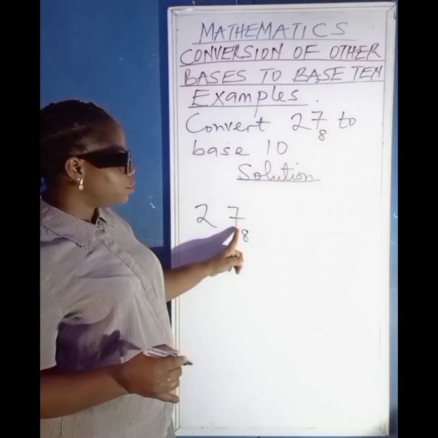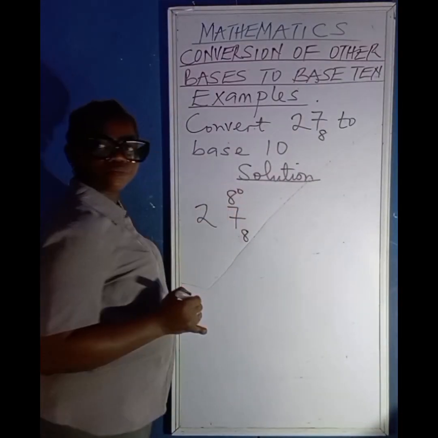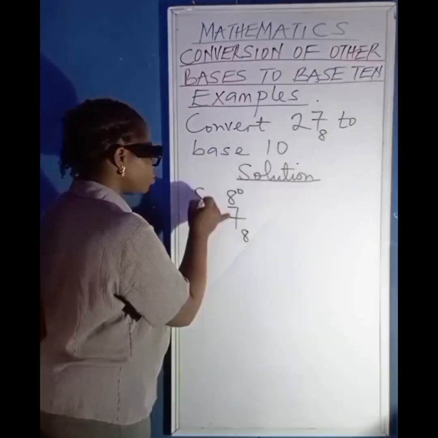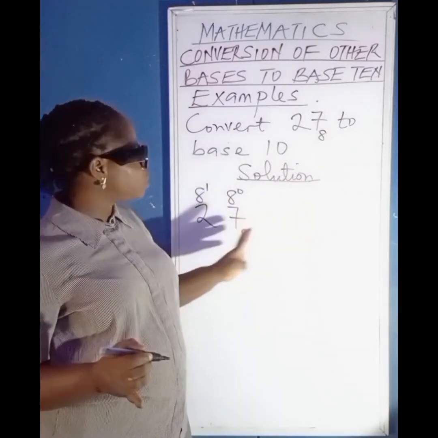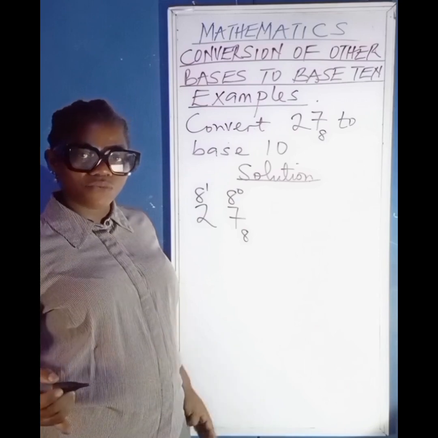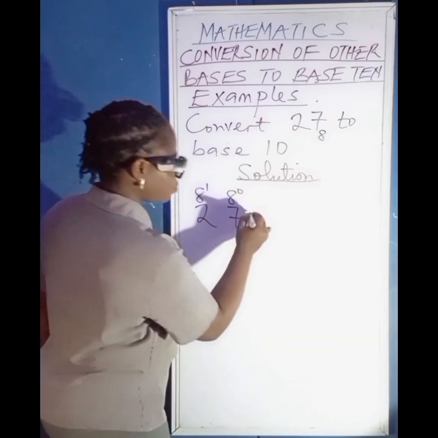The place value of this 7 is 8 raised to 0. The place value of this 2 is 8 raised to 1. So we'll be using this place value to expand each of the digits to get their equivalence in base 10. Let's go.